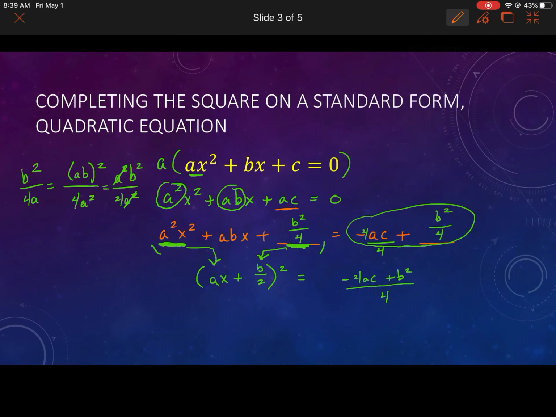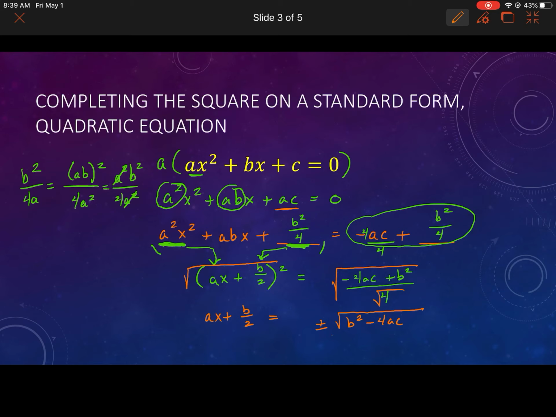And just like before, we're going to take the square root of both sides, which is going to simplify the left down to ax plus b over 2. On the right side, remember, this is the same thing as saying the square root of the top over the square root of the bottom. We can't really simplify the top, so we're just going to leave that as a plus minus square root of, and I'm just going to rearrange this as b squared minus 4ac because that's what the formula format is.